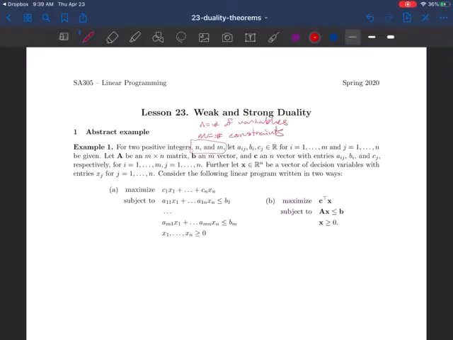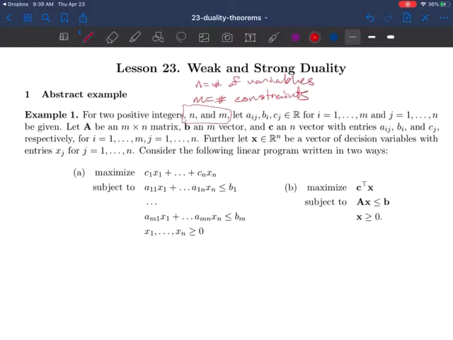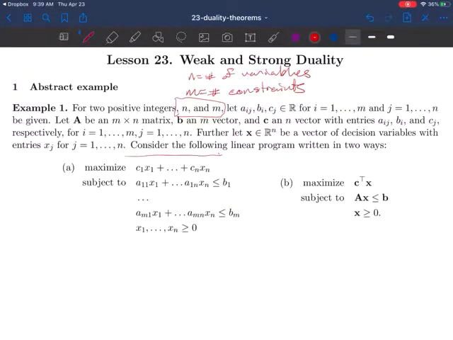Aij are going to be the constraint coefficients, bi are the right-hand sides, cj are the objective function coefficients. We can write that then in this form using these. We're maximizing a linear objective. Remember, it's linear over the decision variables.